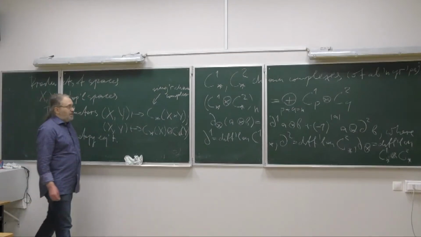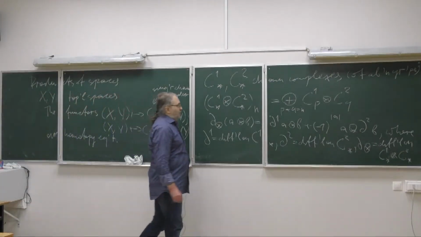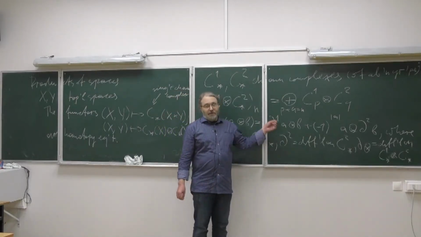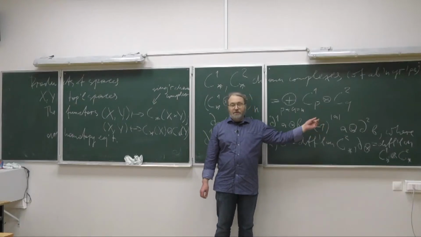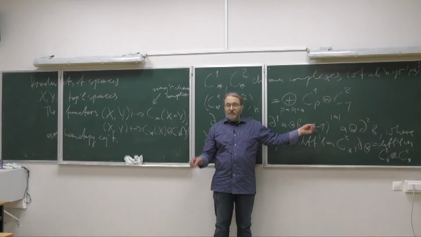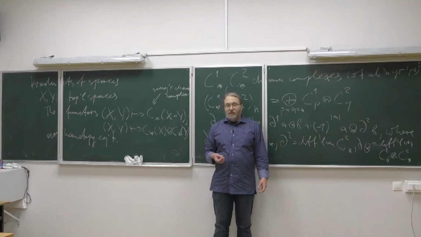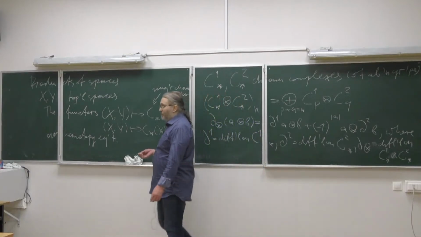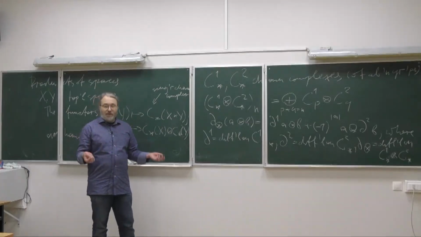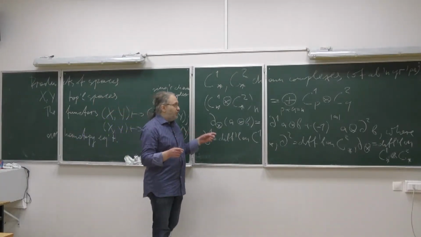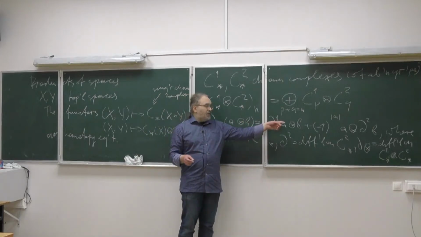Basically, if we put some other signs here and here, such that delta squared is 0, we will get a chain complex which is even isomorphic to the one given by this formula.